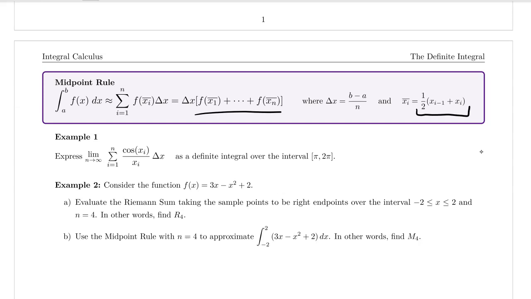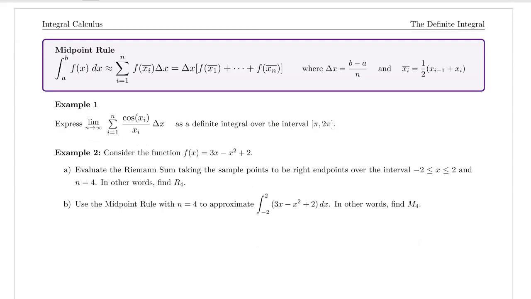So just quickly, if I were looking at the subinterval and it went from 5 to 10, then the midpoint between these x values would be (5 plus 10) over 2, which is 15 over 2, or 7.5. So this would be the midpoint for this particular subinterval. That was just a quick example.